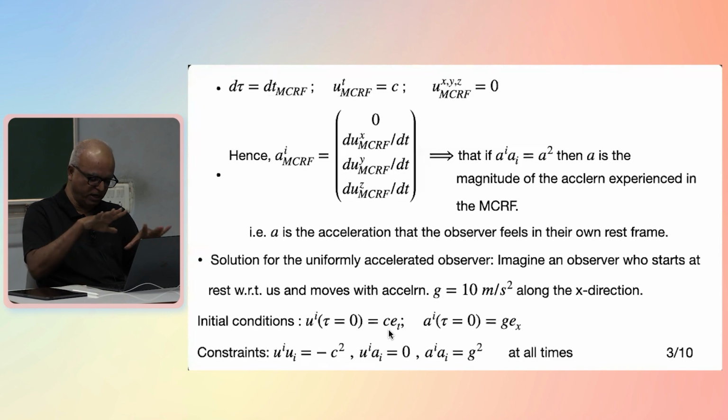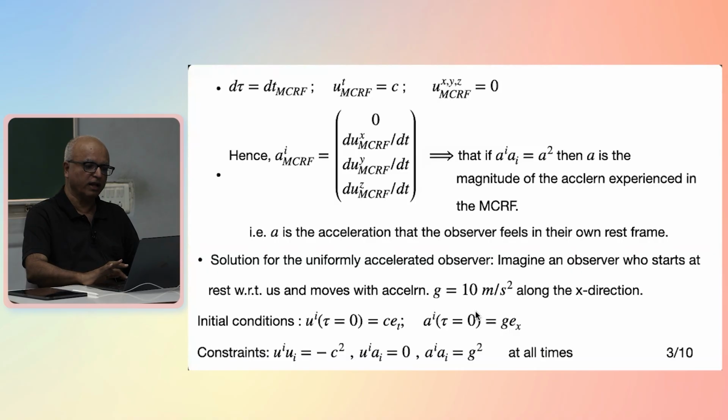Remember I have t, x, y, z, that is my coordinate system. There is a tangent vector along the timelike direction. That is the only component that is non-zero. My initial 4 vector velocity lies along e_t. Okay? What is the acceleration? It is this magnitude g along e_x.